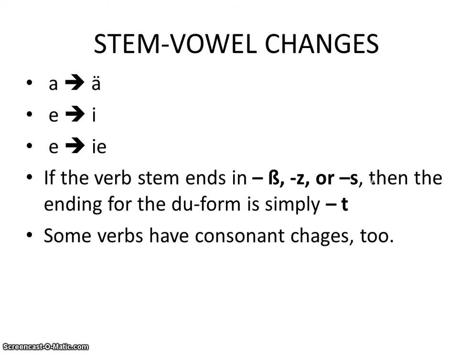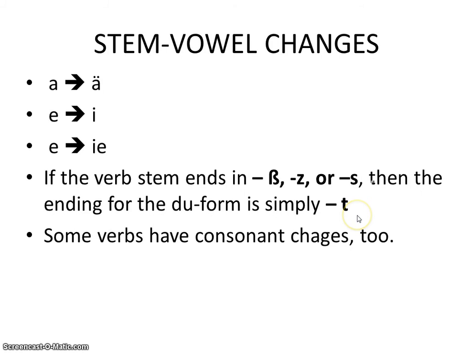Typical stem vowel changes are as follows. A's become ä's, e's become i's, e's become ie's. If the verb stem ends in an s, sch, z, or ß, then the du form only has a t.